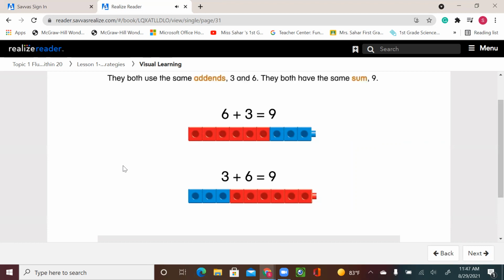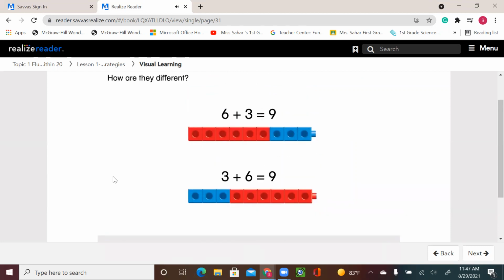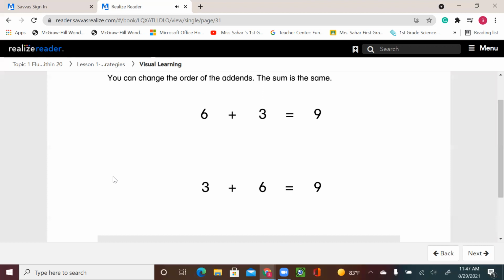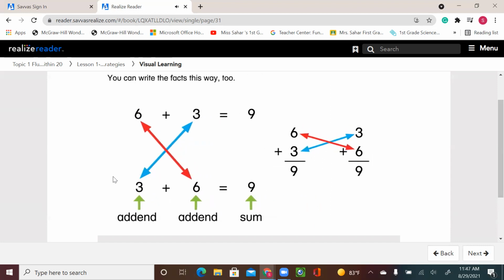They both use the same addends, 3 and 6. They both have the same sum, 9. How are they different? The order of the addends is different. You can change the order of the addends. The sum is the same. You can write the facts this way too.